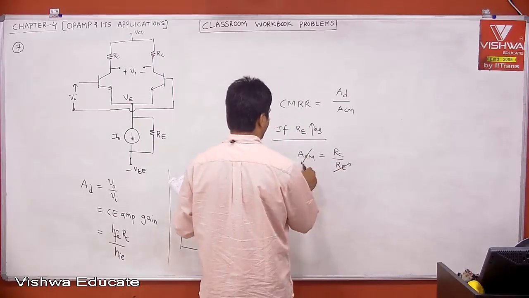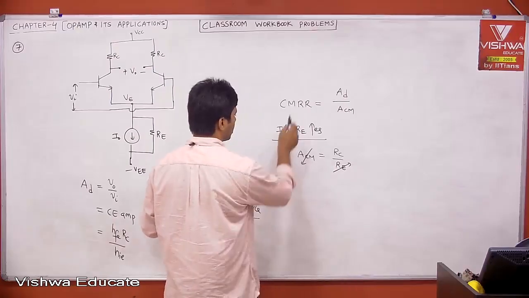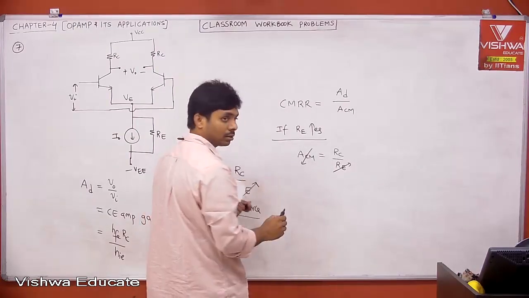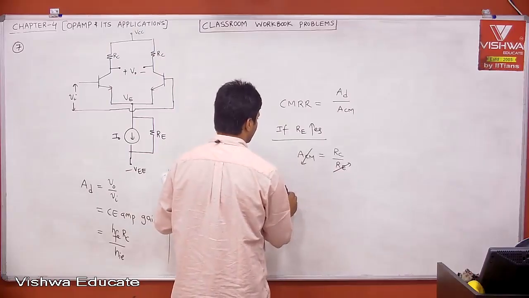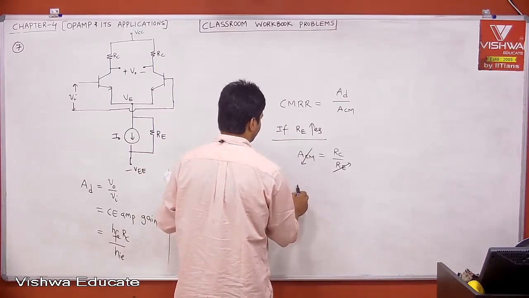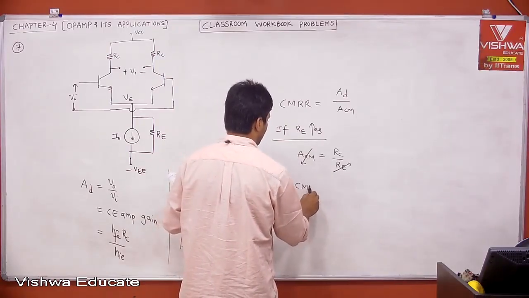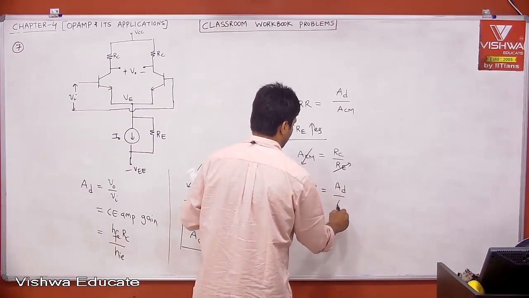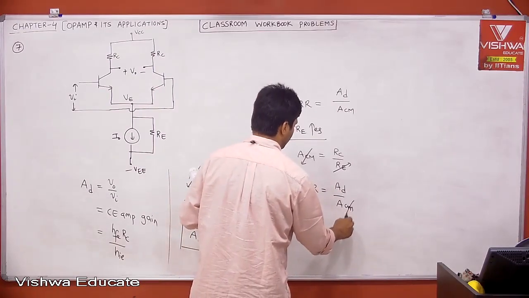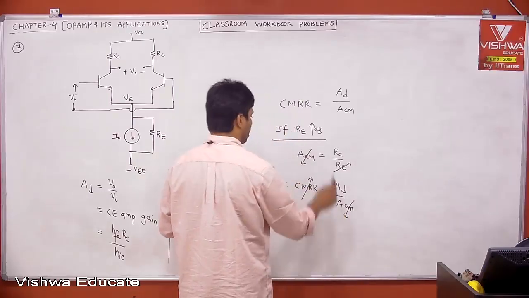Common mode gain decreases. If common mode gain is decreasing, what about CMRR? CMRR is equal to AD by ACM. If the denominator is decreasing, your CMRR will increase.